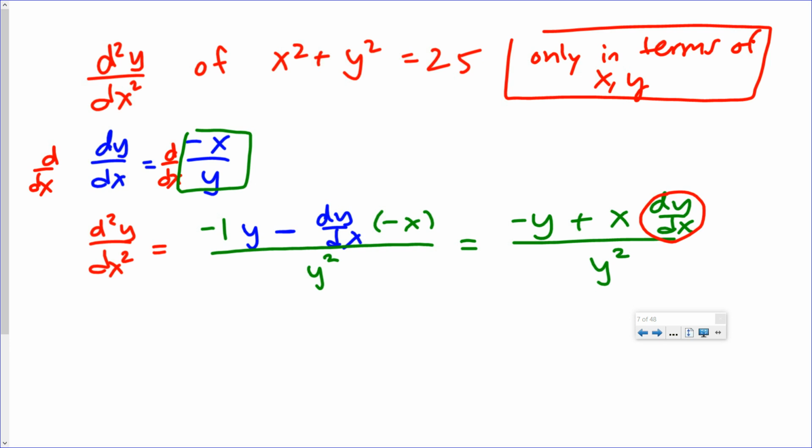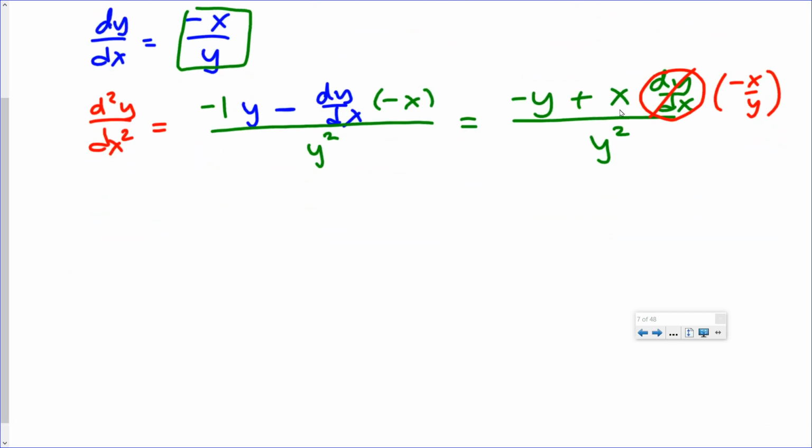Do you have anything on your paper that can change a dy dx in terms of only x's and y's? Exactly. Okay? Right here, guys, dy dx is equal to negative x over y. So if they ever ask you to do that, which they will, all you do is you replace that dy dx with negative x over y.